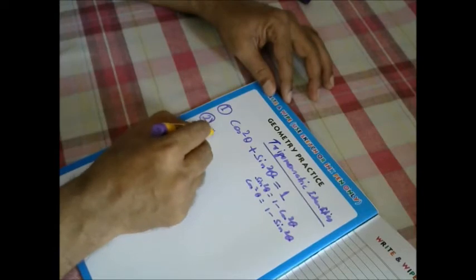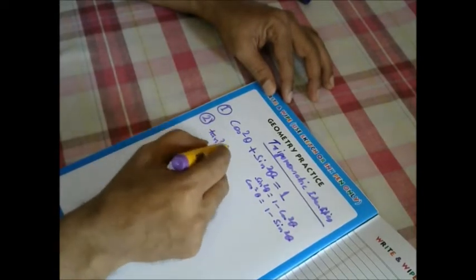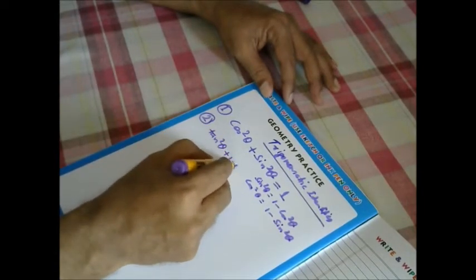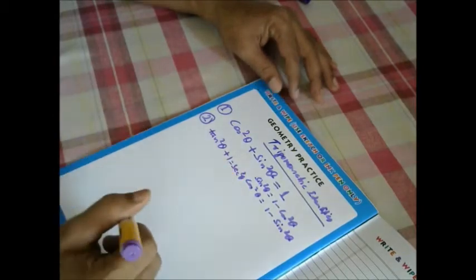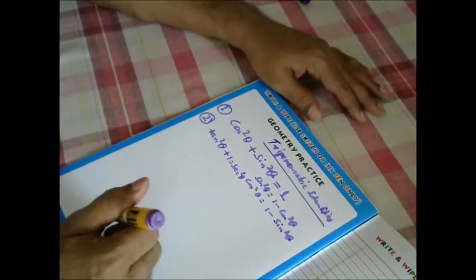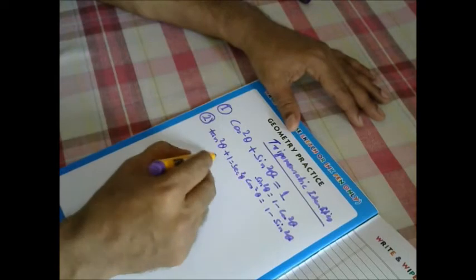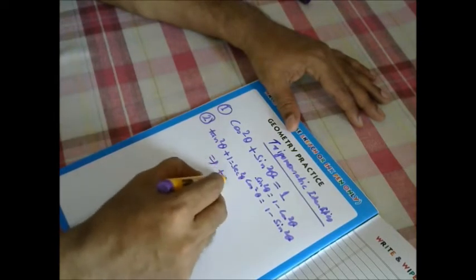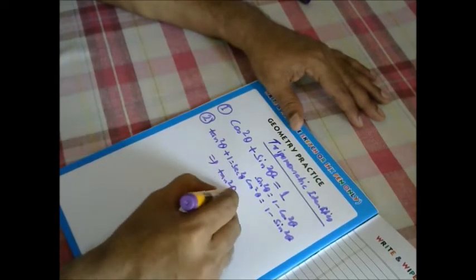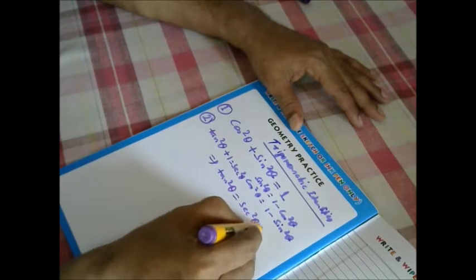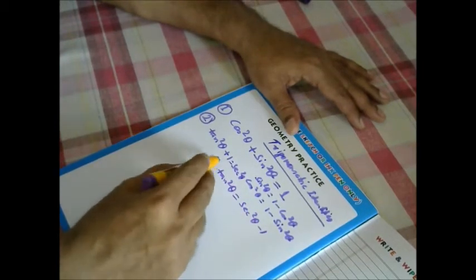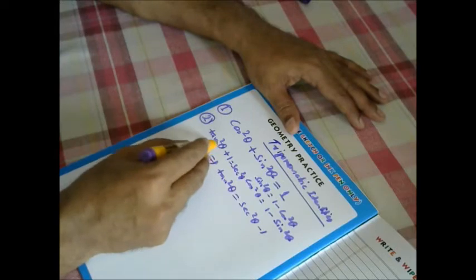Similarly, second one we can write tan square theta plus 1 is equal to secant square theta. So from here even we can find out tan square theta is equal to secant square theta minus 1.